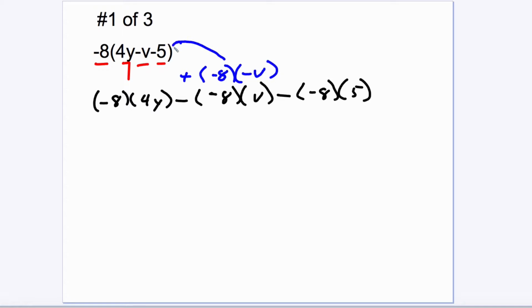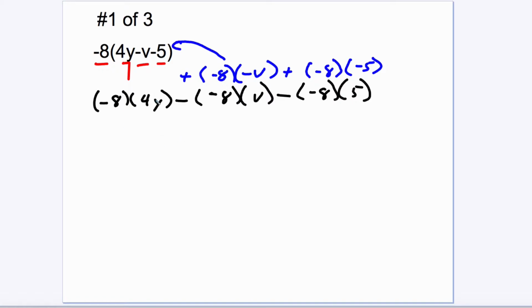Either way would be correct, and you could write this as plus -8 minus 5. I prefer the way that I've written it in the black letters here, just because that tends to make more sense because it's minus v, and so forth. So that's the way I have written it in the past. That's the way I prefer to do it, and I think that is more an accurate way to represent it.